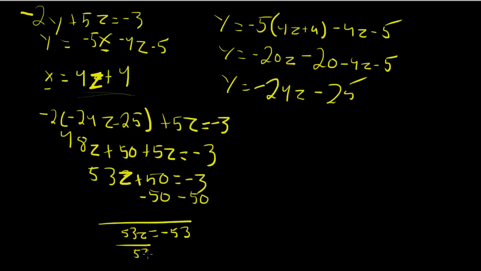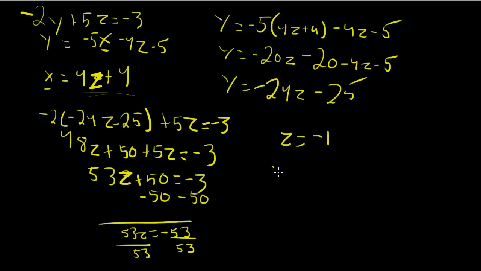Divide by 53 on both sides, and now we know what z is equal to. And this time, instead of having variables in our answer, we know that z is negative 1. That's what z is. So when we see z in these other problems, we can just insert our z, which is negative 1, in there, and then we'll get our answer.